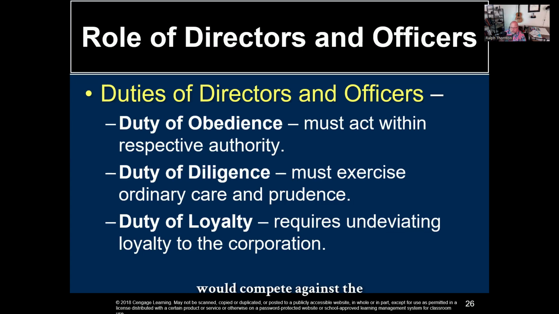They do not do anything that would compete against the corporation while they hold office or while they sit on the board. Their actions should not be anything that would cause harm to the reputation or the running of the corporation, or in any way cause harm to the shareholders and the value of their ownership.